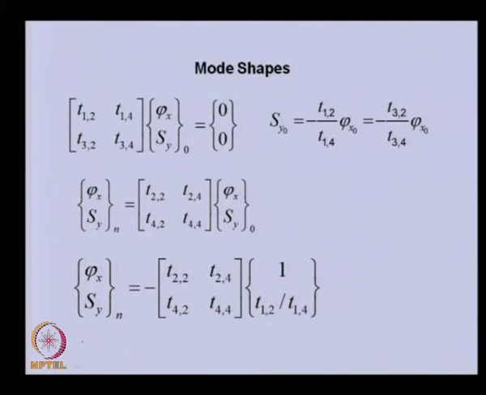For the mode shape, once we have obtained the natural frequency, we can come back to this equation, and if we expand it, the first equation will give this term. Similarly, the second equation will give this. We can use any of them here.